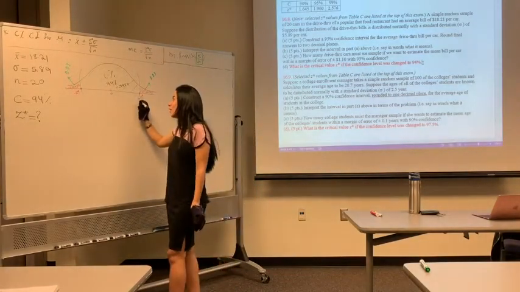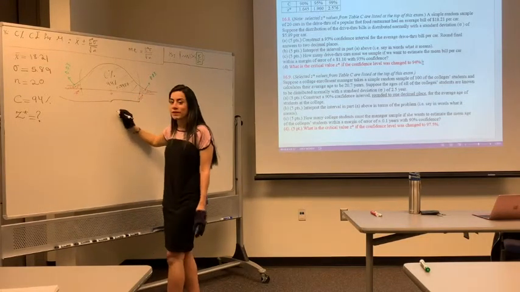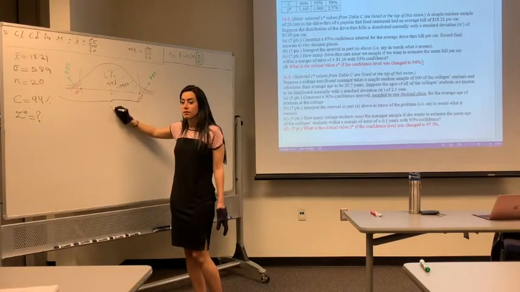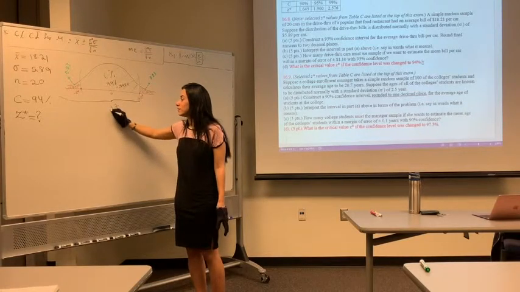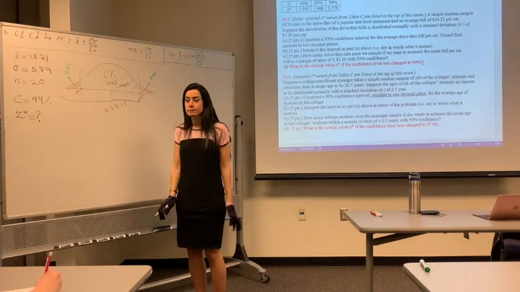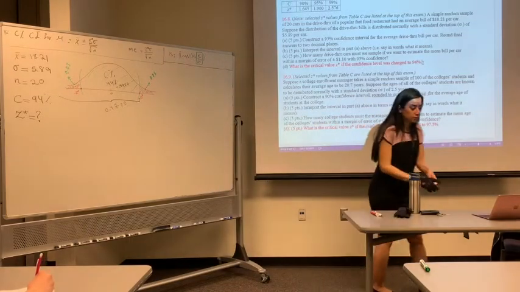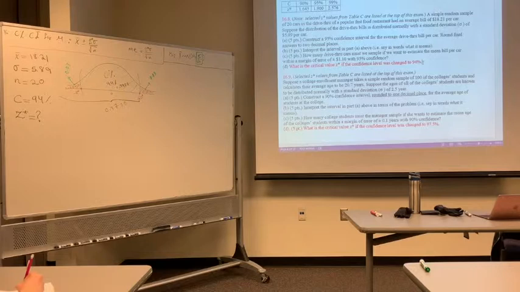So all the area from here to the end of this distribution will be 97. Okay? So now, I want to find a z for this area. Okay?